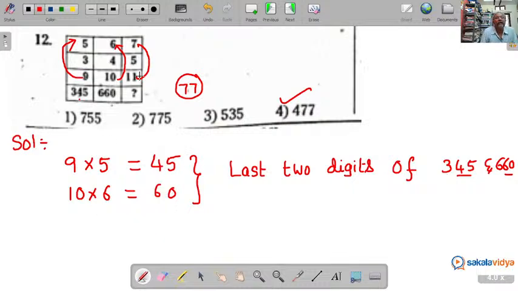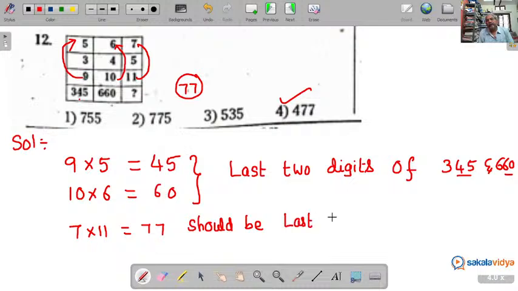So in the similar pattern, next 11 into 7, 77 should be, as per the rule, the last two digits of the number.